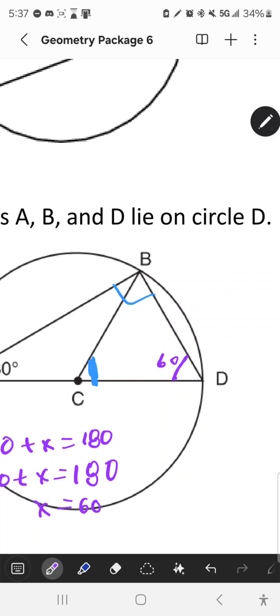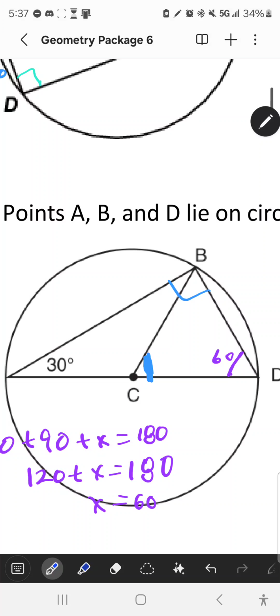But we cannot do addition of triangle angles because we don't know this specific angle. So what we can do is first look for this angle. This is a process. We know this is equal to this one because they are both radii. This one is a radius, this is another radius.